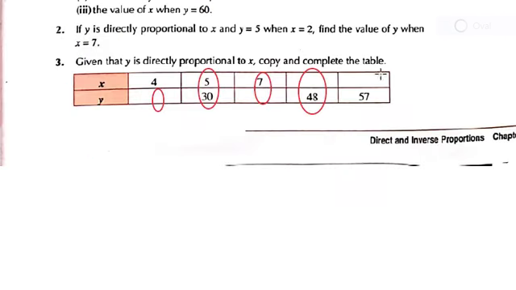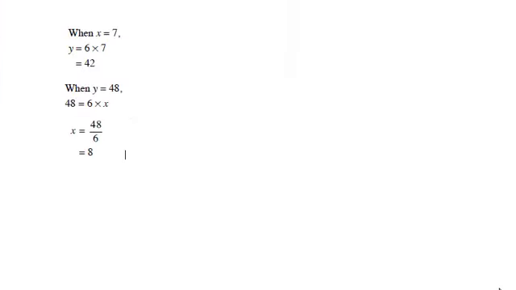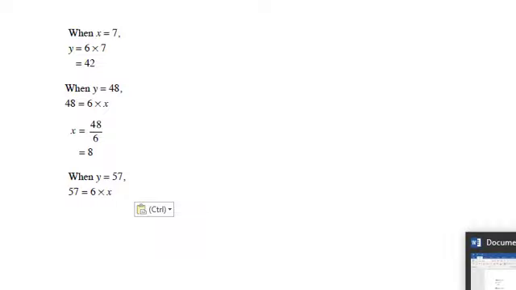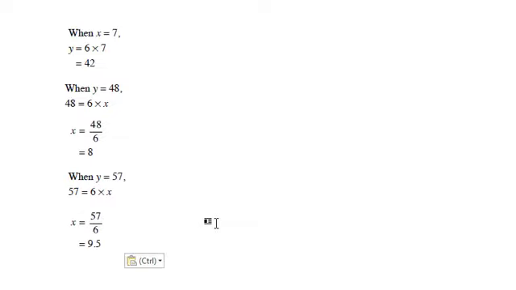And finally, you have to find the value of x when y equals 57. Construct the equation. When y equals 57, the equation is 57 equals 6 multiplied by x. Then solve for the value of x.